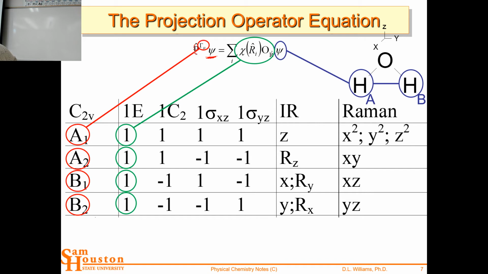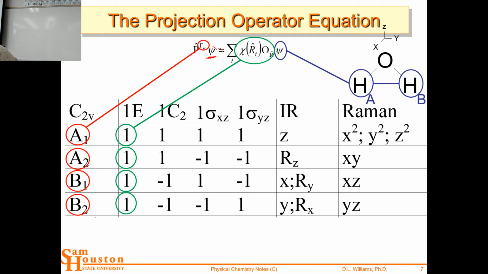And so this projection operator, P of gamma mu, so gamma mu, that's these different Mulliken notations. And then it's going to be the sum of the character. So these are the characters, right? These green things are characters that are under the operation. O is for operation, operating on the wave function.